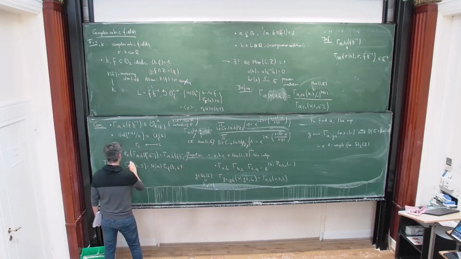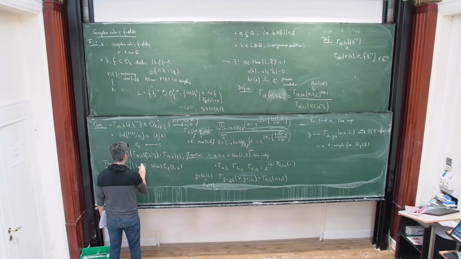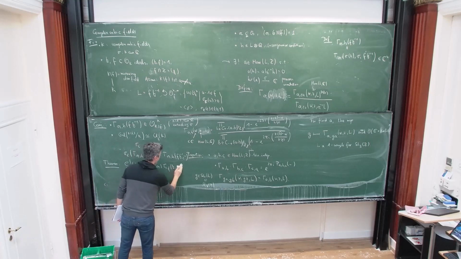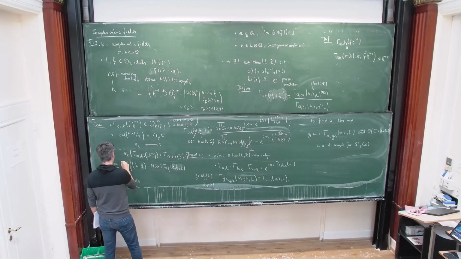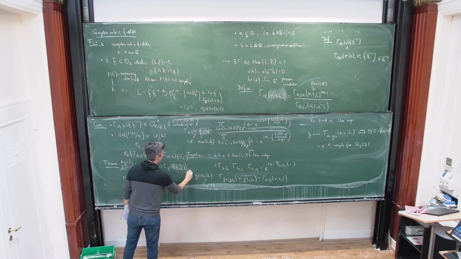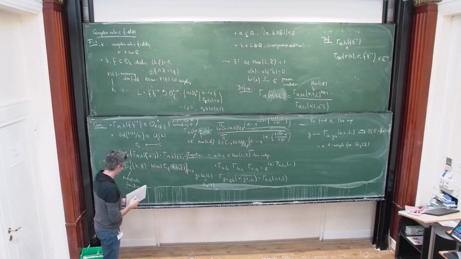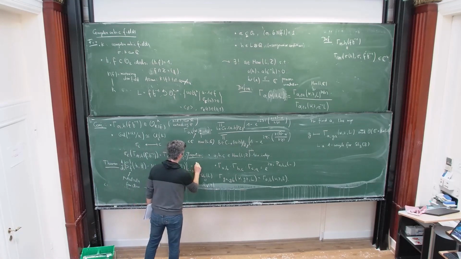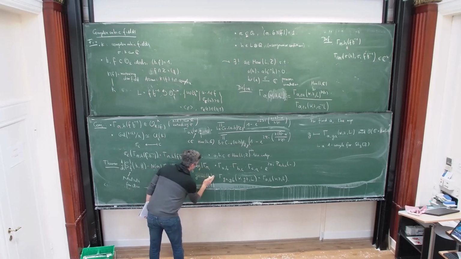Maybe I should trace it like this. I take this quantity and I put the absolute value. And I look at this expression, I differentiate at s equals 0. This is equal to the logarithm of the absolute value of our numbers.